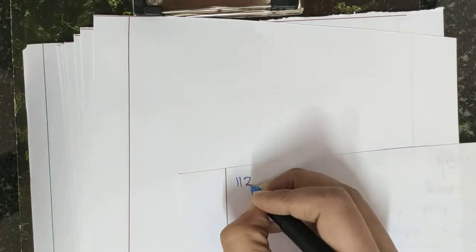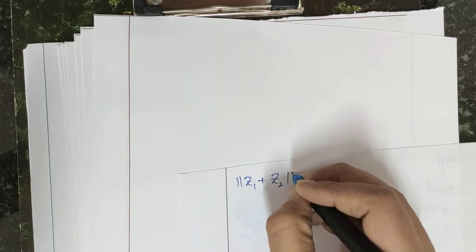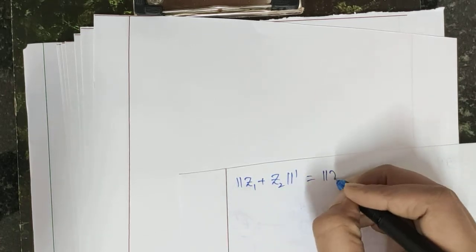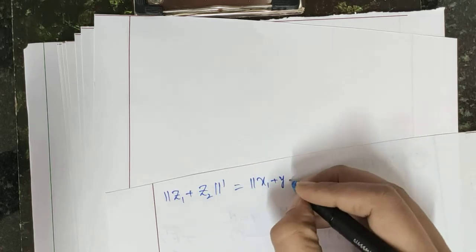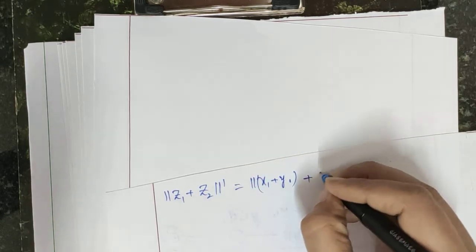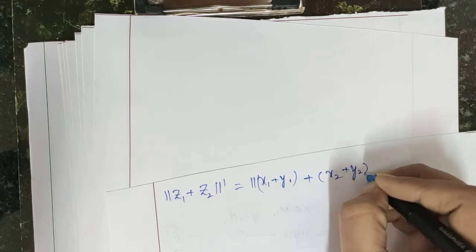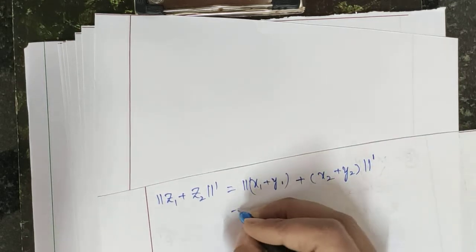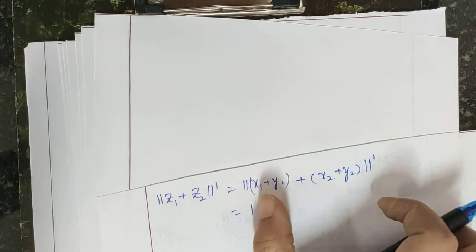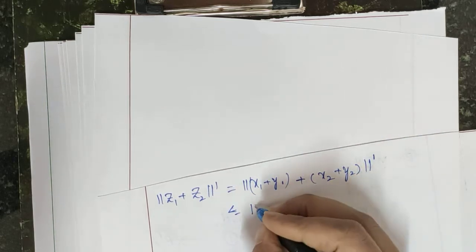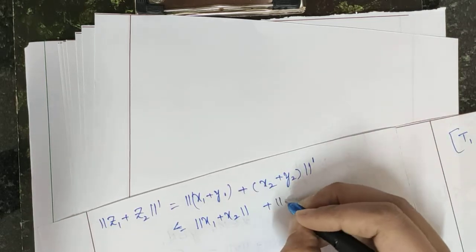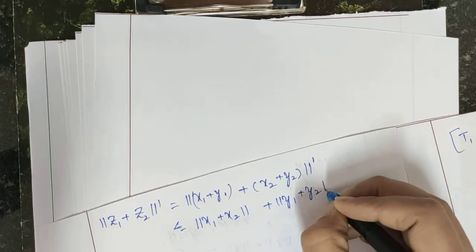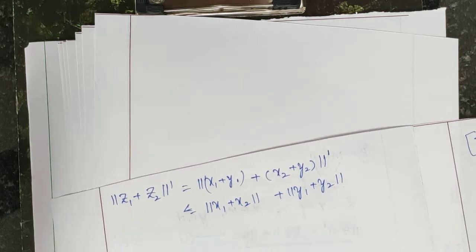Now let's move to the third condition, that is norm of Z1 plus Z2 whole prime. I can write this as norm of X1 plus Y1 plus X2 plus Y2 whole prime. So this can be rewritten as, if I split my modulus, I will get an inequality. So norm X1 plus X2 plus norm Y1 plus Y2, right?